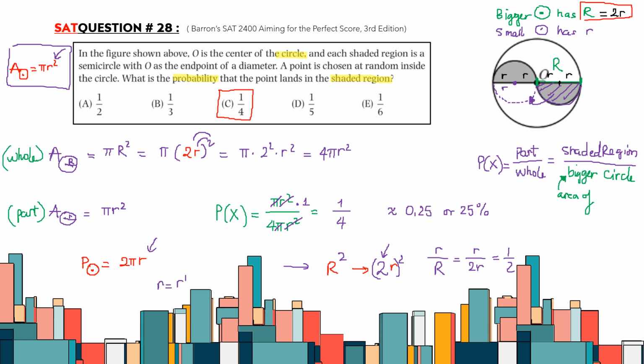When we square it, we will have r squared over 2r squared. This is for the perimeters.